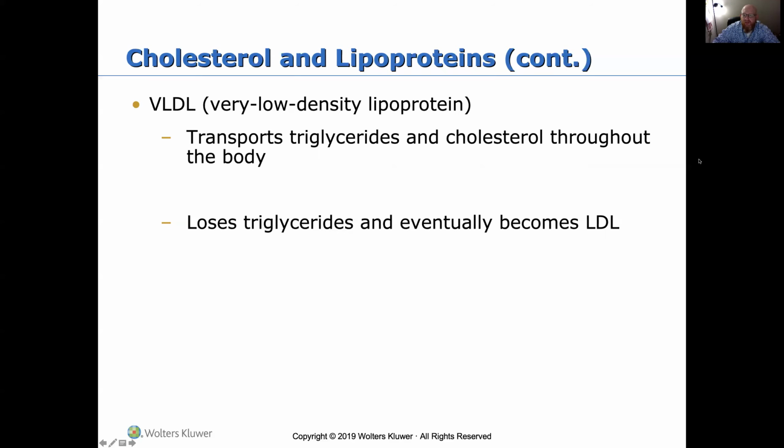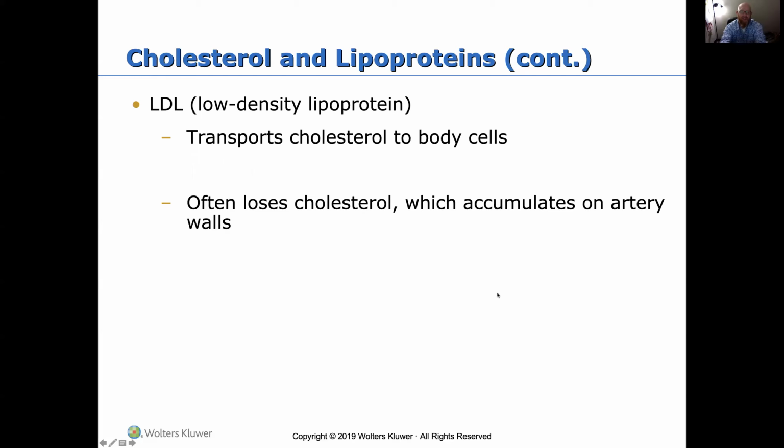So the difference here, you need to note what it transports: triglycerides and cholesterol through the body. It eventually loses the triglycerides and eventually just turns into LDL. So the triglycerides are basically what makes it very low density lipoprotein. Once the triglycerides fall off, it's just low density lipoprotein.